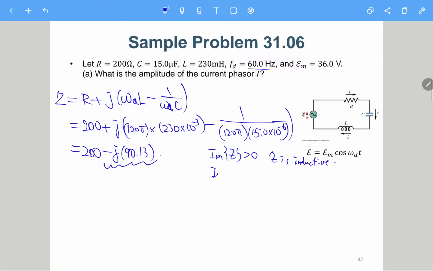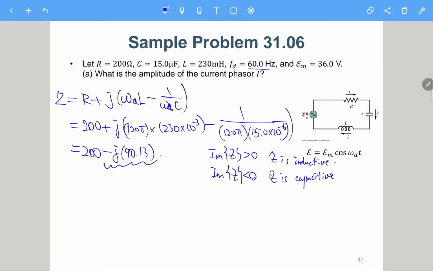And if the imaginary part of Z is smaller than 0, then Z is capacitive. As you know, the Z of an inductor is j omega L, so it will be a positive value.